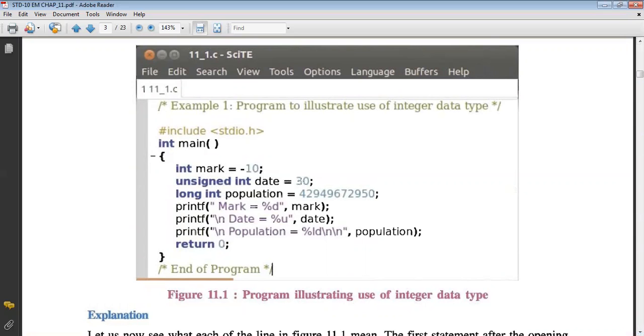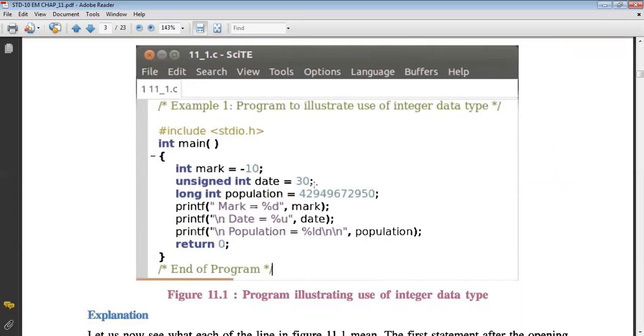Unsigned integer date equal to 30, because date should never be negative. So we use the data type unsigned here. That means this is a data type, shown in blue bold. This is a variable declaration and these are the values of the variables. I hope you will understand it properly.